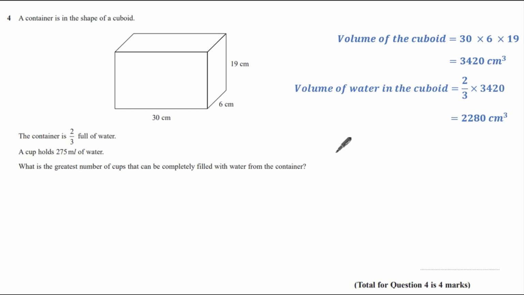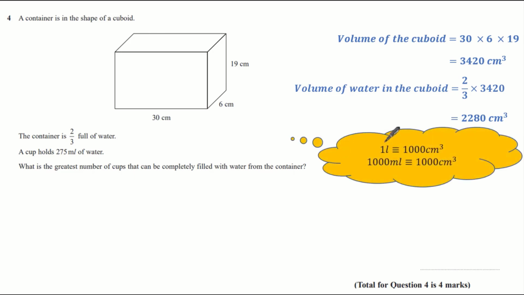Now remember our conversions. 1 litre is equivalent to 1,000 centimeters cubed. 1 litre is 1,000 milliliters, so that means it's exactly the same as 1,000 centimeters cubed. Given that we know 275 milliliters of water is in a cup, we need to convert this into centimeters cubed.